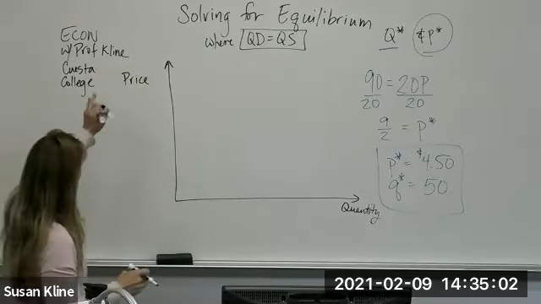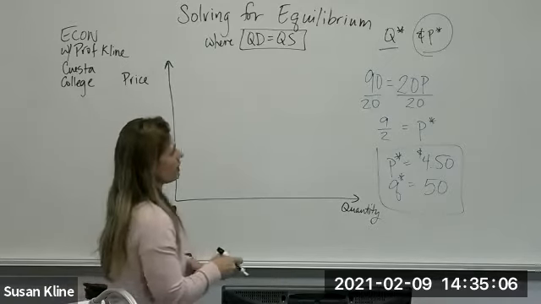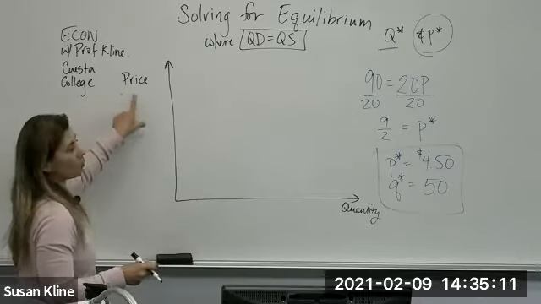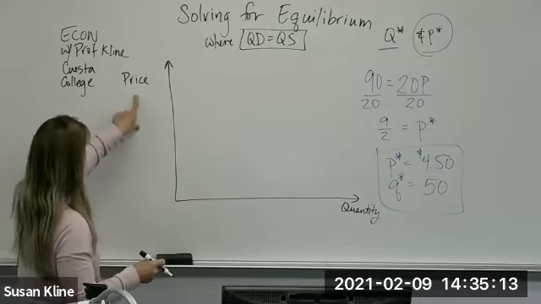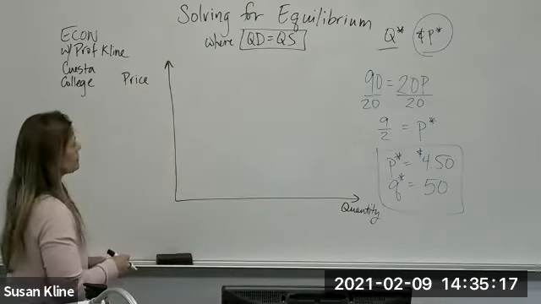What was in front of the P is actually the inverse of the slope. That's because normally we would write y equals mx plus b, so it would normally be written price in terms of quantity, but we had it quantity in terms of price.